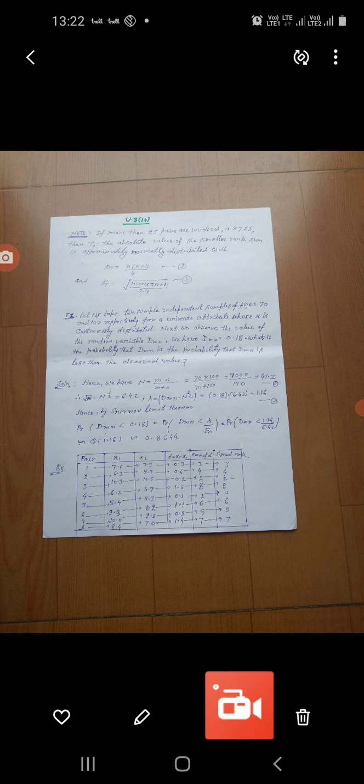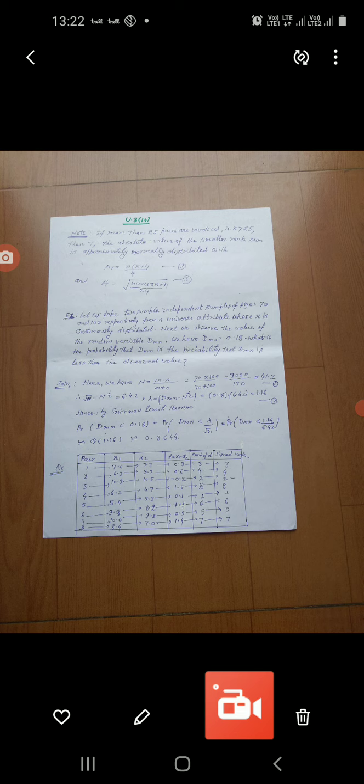For pair 1, the x1 and x2 values are 7.6 and 7.3, and thus their difference is 0.3. For pair number 2, we have x1 and x2 as 6.3 and 5.7, and the difference is 0.6. For pair number 3, we have 10.3 and 10.5, and their difference is minus 0.2.